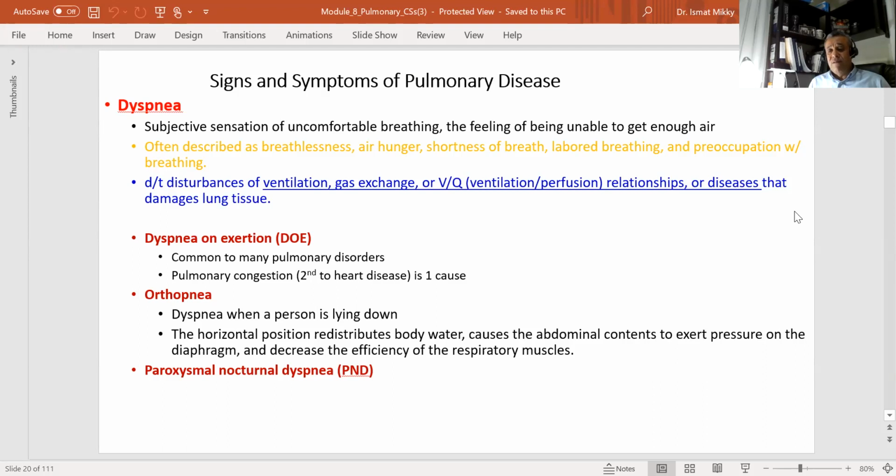We have some etiologies, which are due to disturbances of ventilation and gas exchange, or what we described earlier, the VQ ratio, the ventilation perfusion ratio, and other diseases.